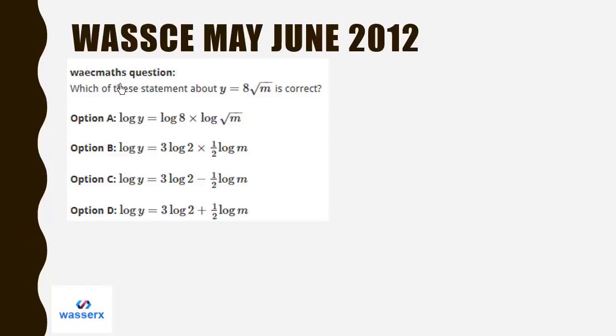This is WASSCE May/June 2012. Which of these statements about y equals 8 root m is correct? Now looking at the options, we have logarithm in the options. So what we do is that we take logarithm of both sides to base 10.